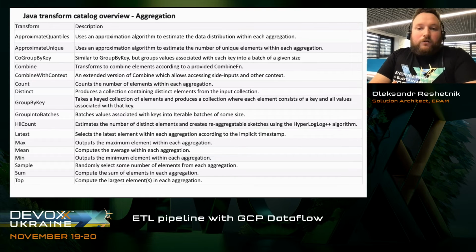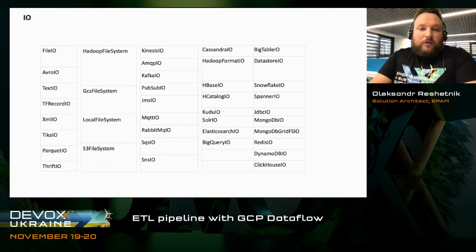And the second group is the aggregation transformation group for operations on groups of different elements. You can do something like average, mean, max, combine, and other group operations. And maybe the most valuable and most powerful thing is the variety of I/O transformations for data consumption and data producing with different sources and destinations.